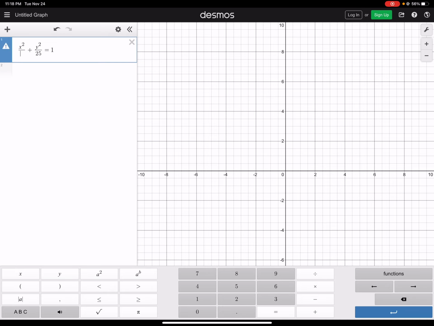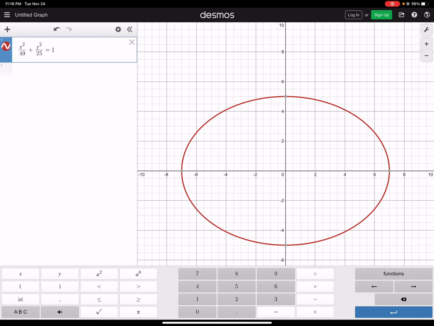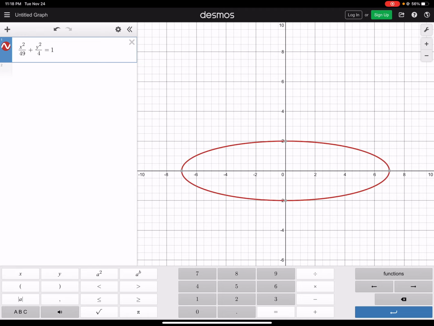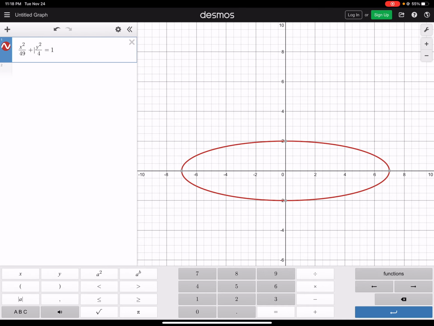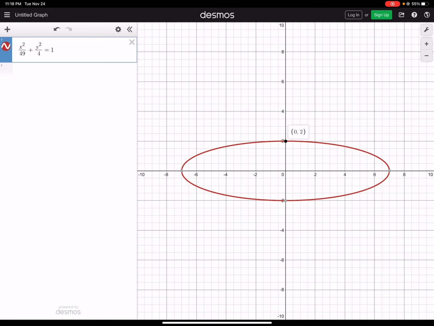But if I take this and make it a 49, and come over here and change this to like 4, now notice the larger number is under the X, and the square root of that's 7, so we should go left 7 and right 7. What's under the Y squared is a 4, the square root of that's 2, so we should go up 2 and down 2, and there you can see all of those points.